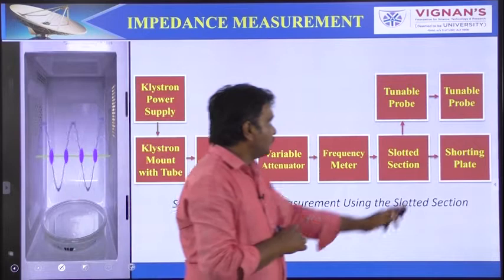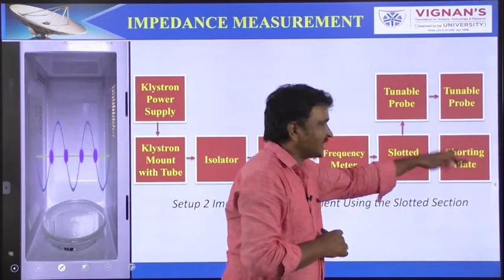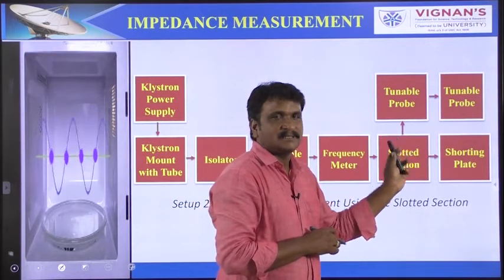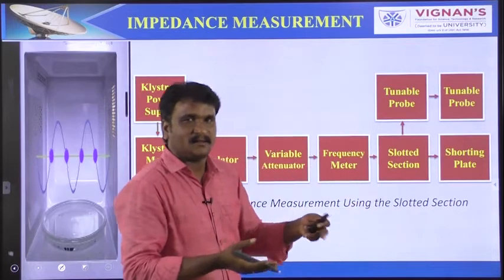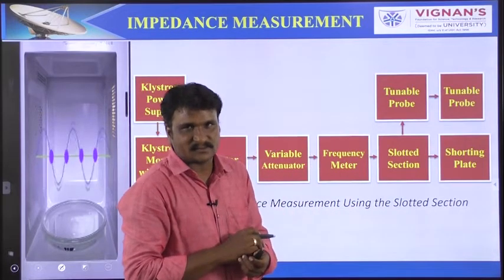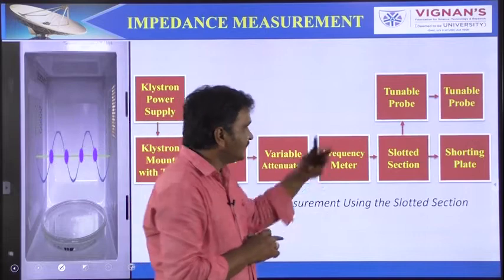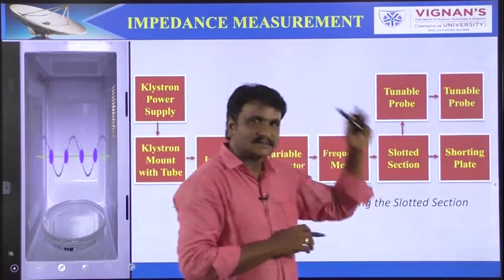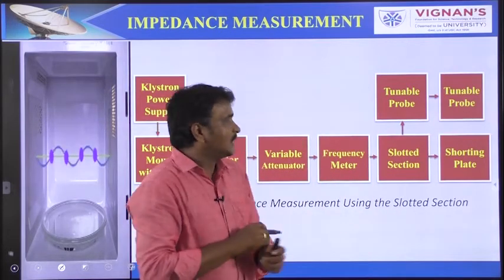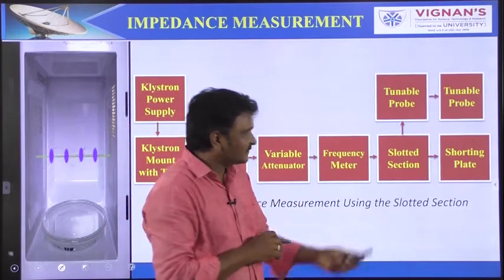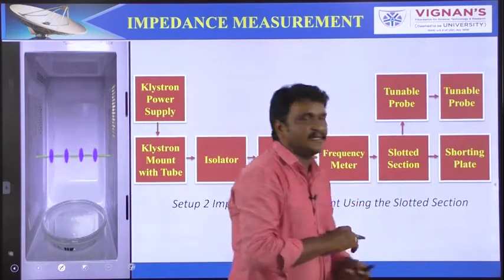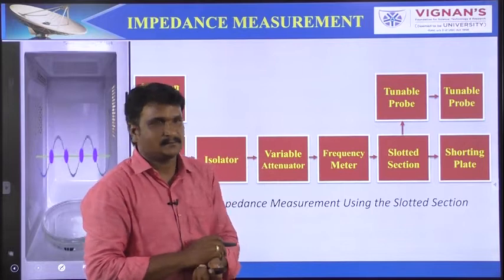Previously, the device whose impedance is to be measured was connected after the slotted section in the first bench setup. In the second bench setup, in place of that load we replace it with one shorting plate, right?